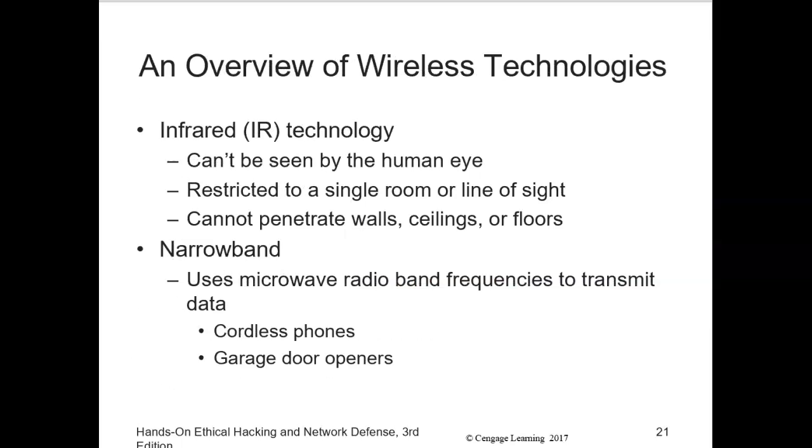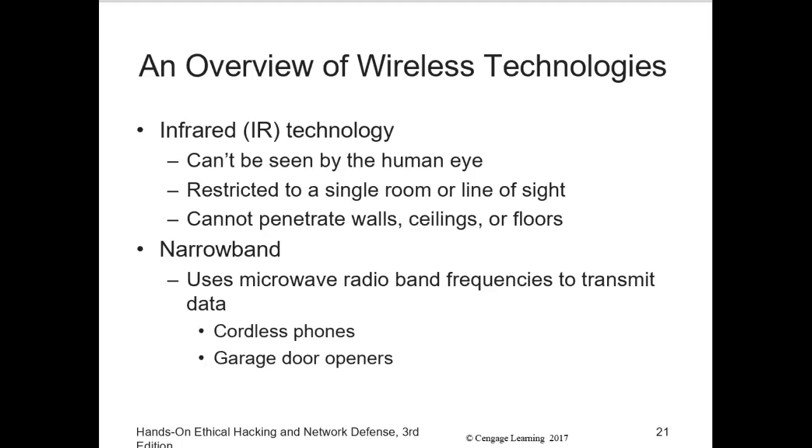Continuing with this wireless technology overview, we have infrared technology, which cannot be seen by the human eye. It's restricted in its capacity to a single room or line of sight. It's always considered line of sight. It cannot penetrate walls, ceilings, or floors.